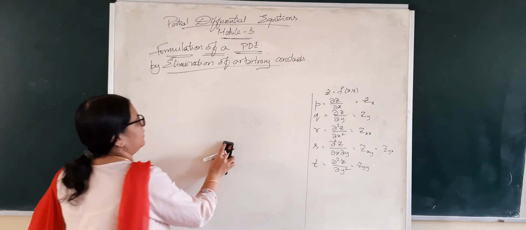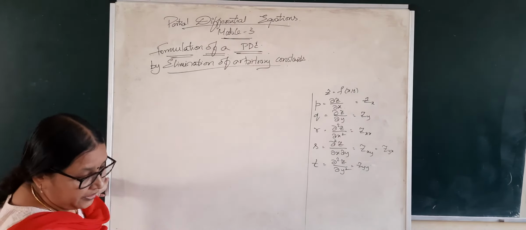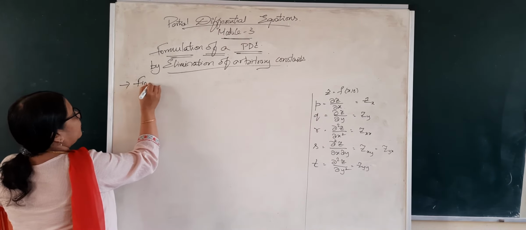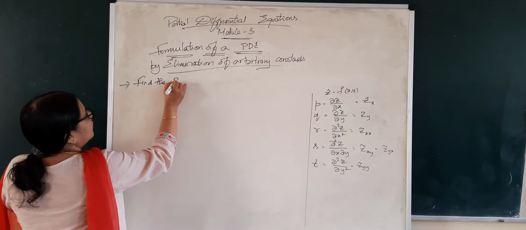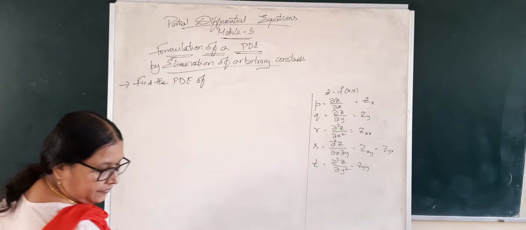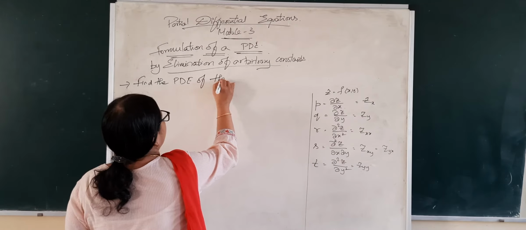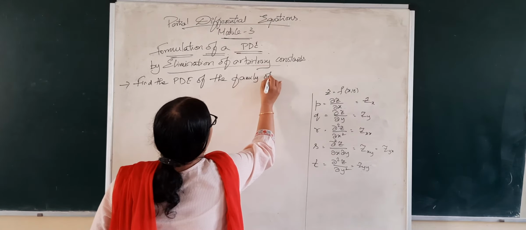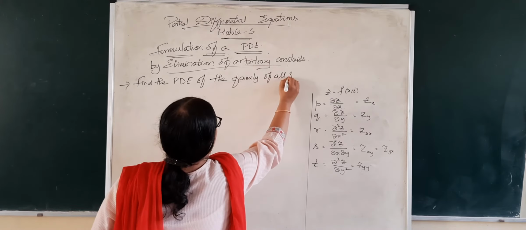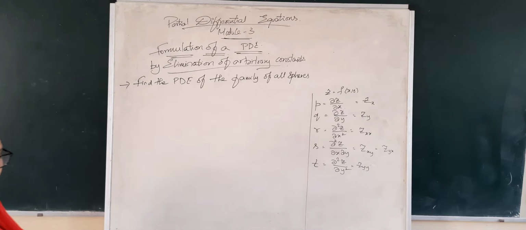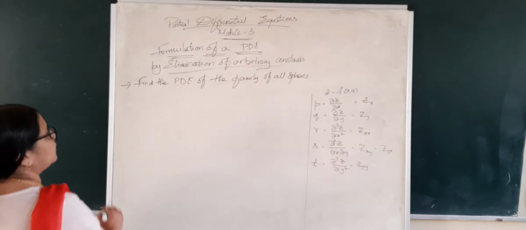The question says: find the PDE of the family of all spheres where centers lie on the plane z equals 0.